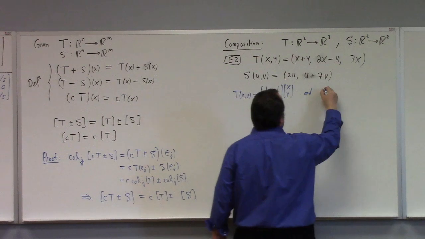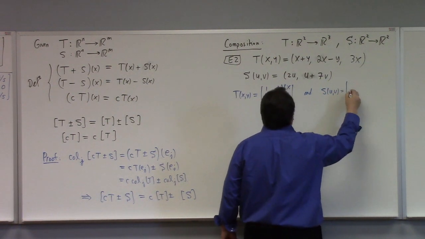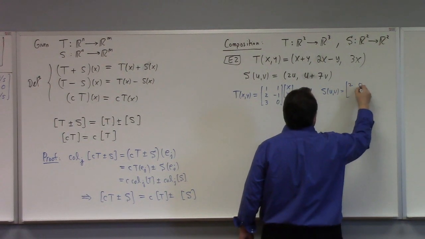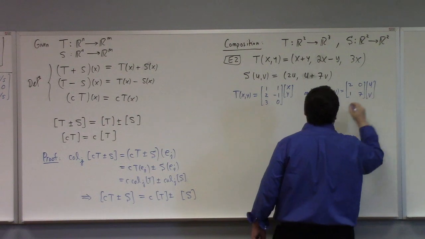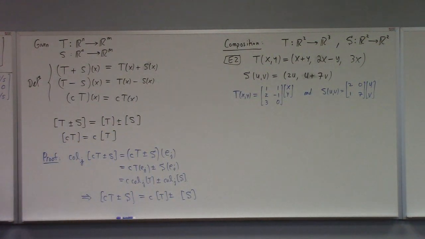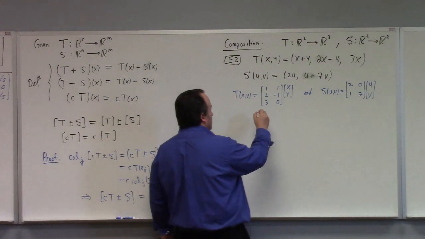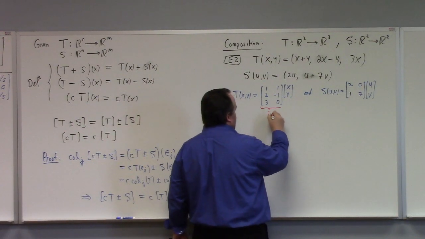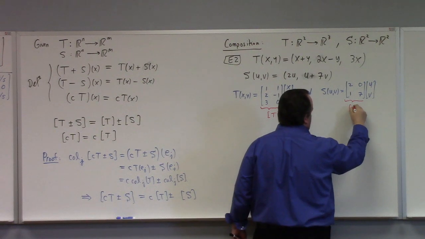And S of (u, v), we got ourselves the matrix 2, 0; 1, 7 times (u, v), right? So this is the standard matrix of T. And over here, you got the standard matrix of S.